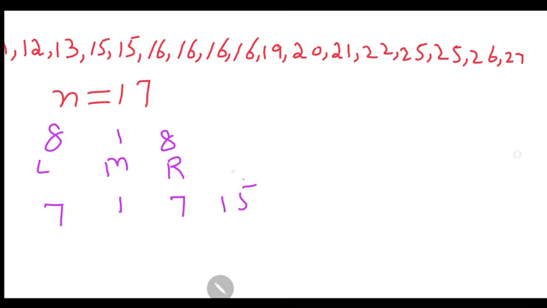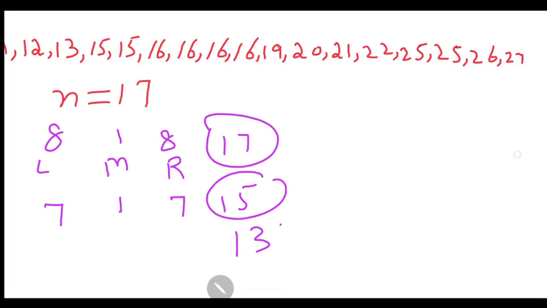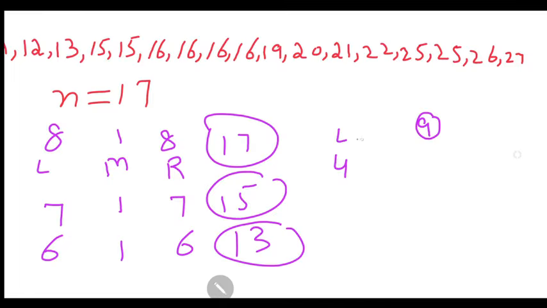If you have 13 values, that means 6 left, 6 right, and 1 in the middle. And for argument's sake, if you have 9 values, then 4 left, 4 right, and 1 in the middle. So we're going to use this method.